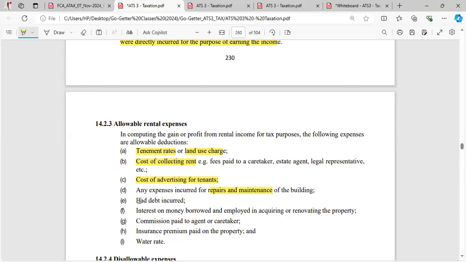Now, bad debt incurred. Now, some people will live in a compound or in a house and will not pay their rent. Maybe they are owing 2 years, 3 years, or they go to court because you give them a quick notice.